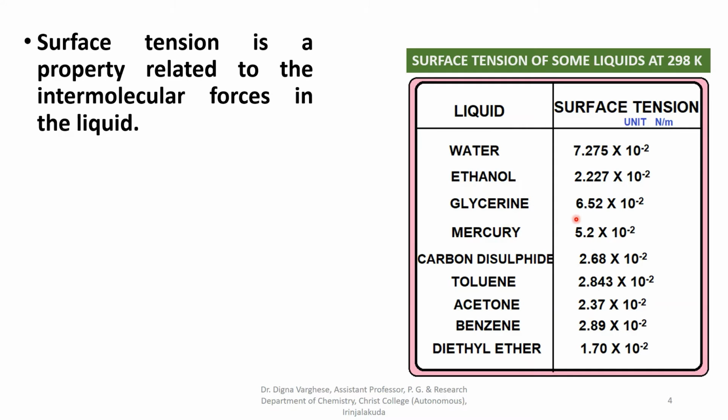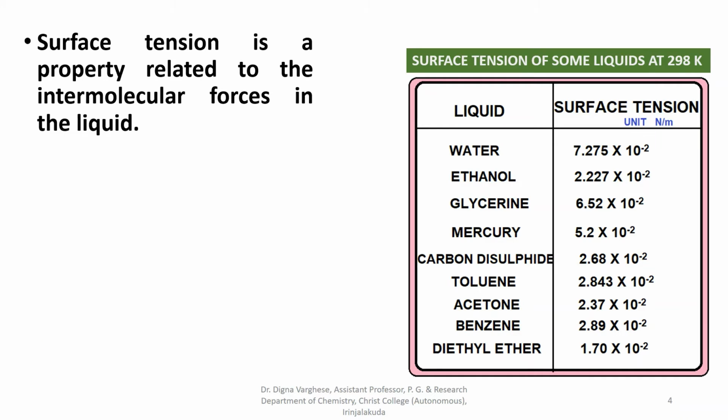Glycerin 6.52. Mercury 5.2 into 10 raised to minus 2. Carbon disulfide 2.68 into 10 raised to minus 2. Toluene 2.843 into 10 raised to minus 2. Acetone 2.37 into 10 raised to minus 2. Benzene 2.89 into 10 raised to minus 2 and diethyl ether 1.7 into 10 raised to minus 2.